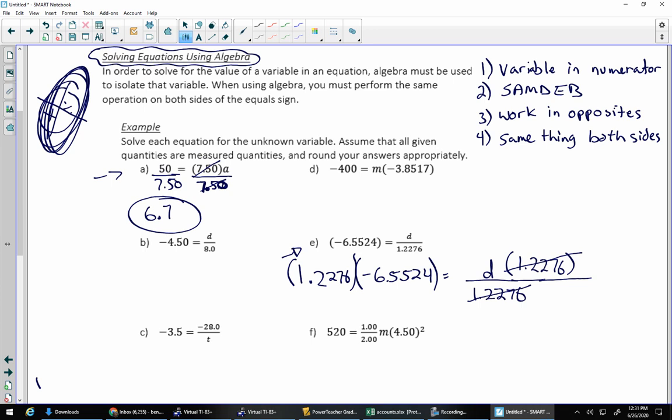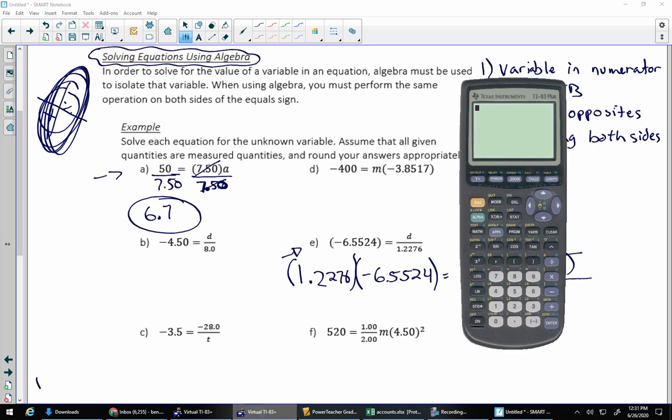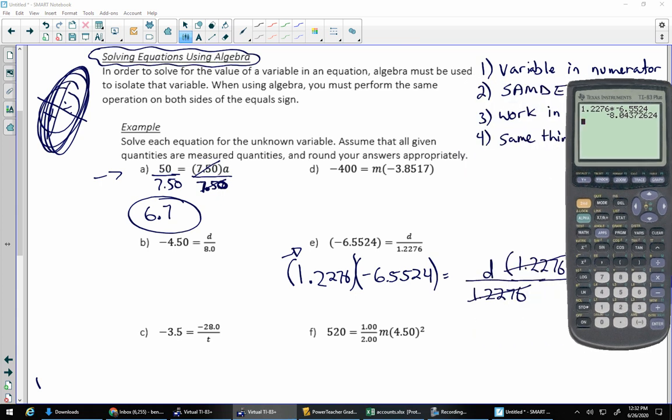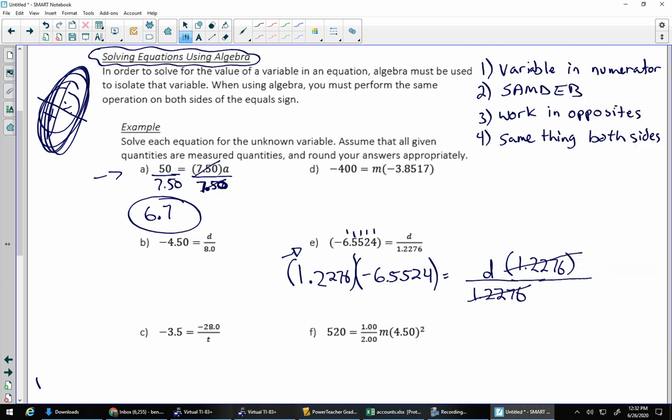I just need to plug this into the old calculator. 1.2276 times negative 6.5524. Excellent. Apparently that is 8.047 something. So let's see, sig digs. 1, 2, 3, 4, 5. 1, 2, 3, 4, 5.